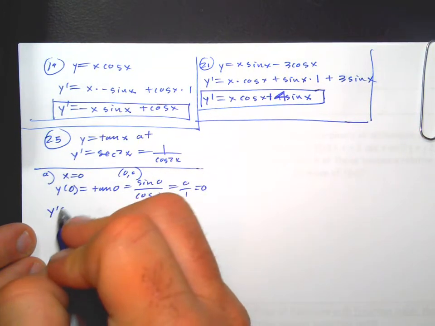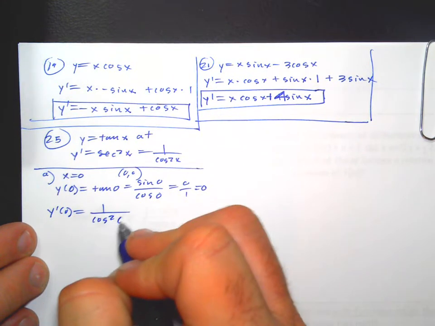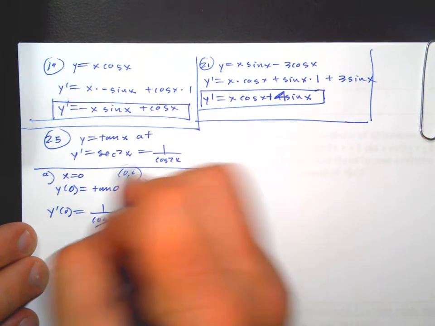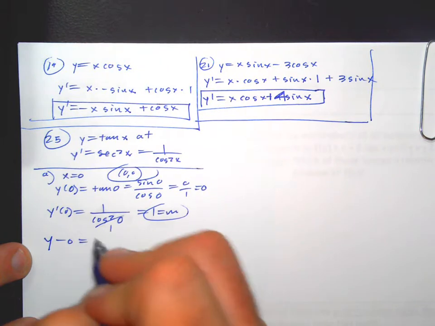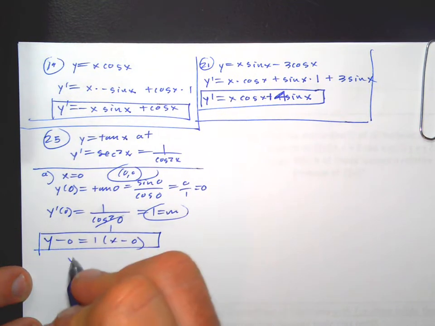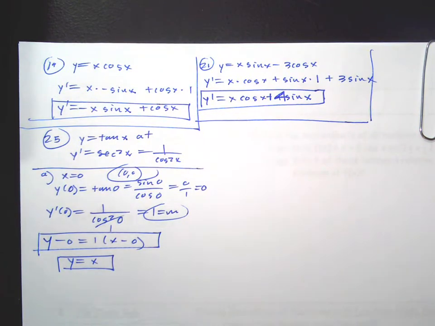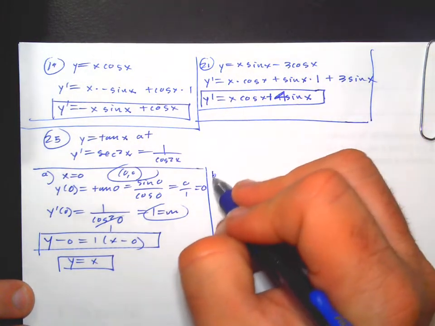Slope is 1. So the equation of the tangent line is y minus 0 equals 1 times x minus 0. Which I'd be okay with that. You could also write that as y equals x. That's A.